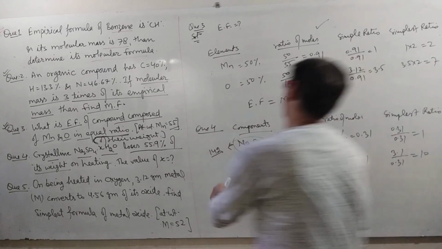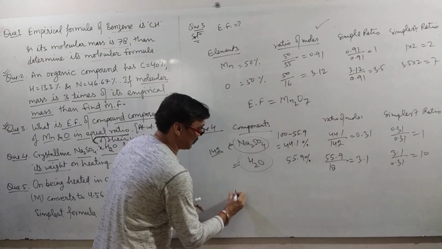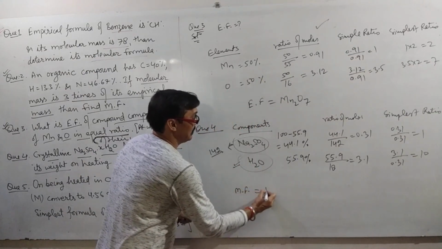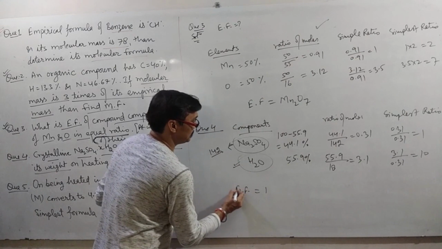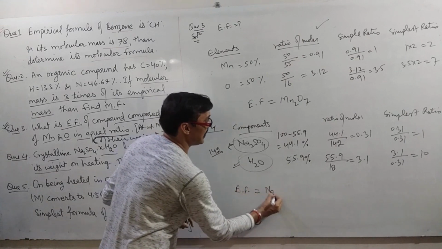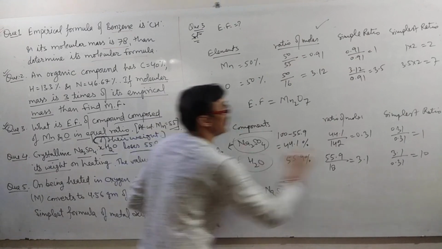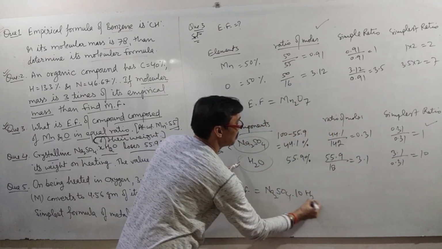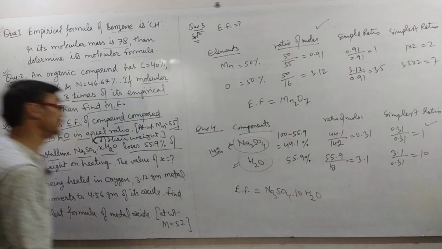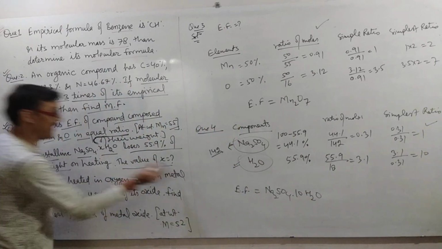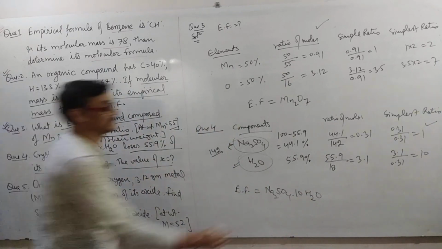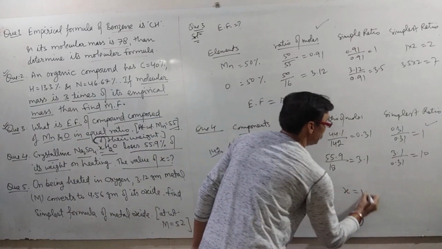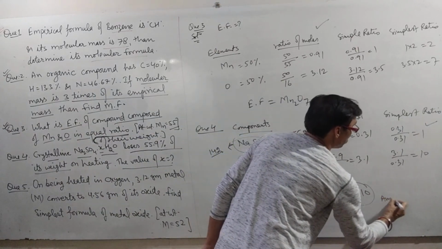So Na2SO4 is 1 and water molecules are 10. You have to find the value of x, the number of water molecules, so x will be 10. It is your answer.